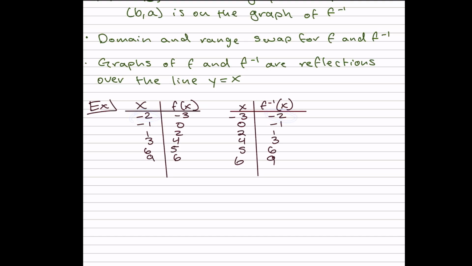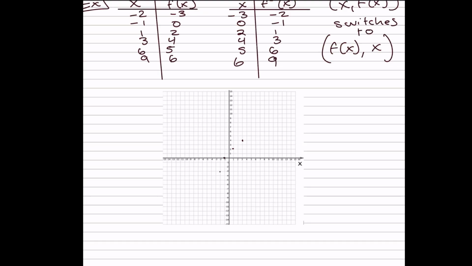So instead of -2, -3, I have -3, -2. So again, a, b becomes b, a, and for us, in our example, we have x comma f of x gets switched to f of x comma x.